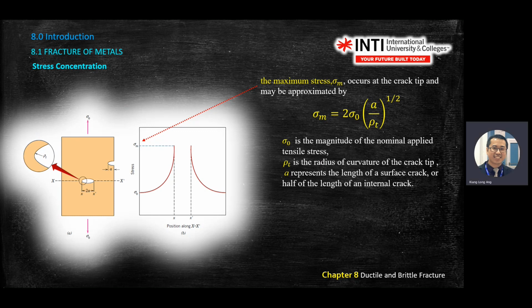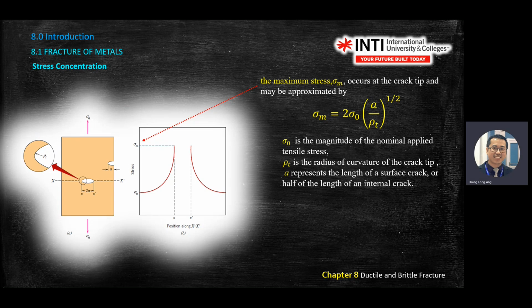When you do exercises or questions for your test or final exam, don't be confused by the question. You only use half of the length or half of the diameter of the crack. You only use the A. Just take care of that.